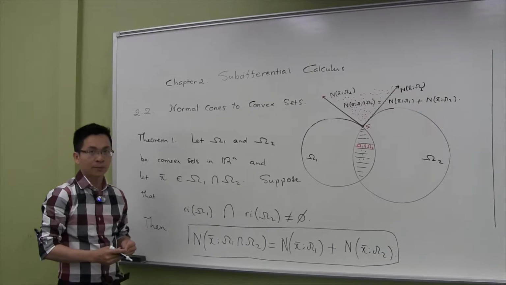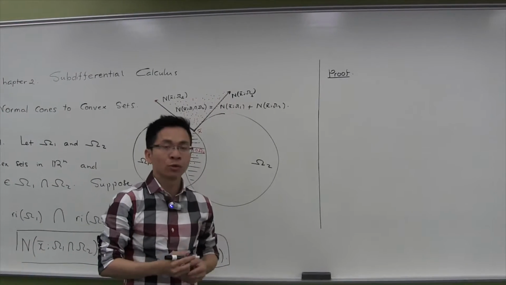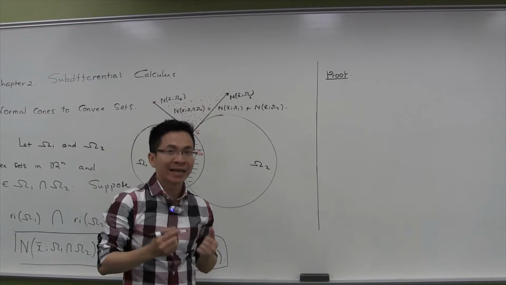Okay, so now I'm going to go through the proof of this theorem, and the proof is rather involved. I'm going to go through the proof of the normal cone intersection rule by several steps.